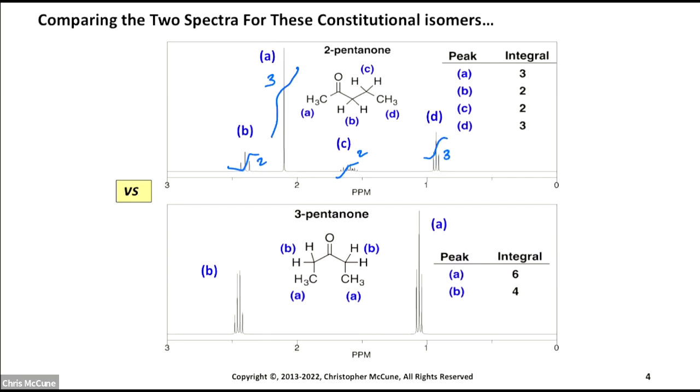And for the next compound here, you have A, there's 6 hydrogens that give rise to A, and B, there are 4 hydrogens. So once again, a 6-to-4 ratio is the same thing as a 3-to-2 ratio if you reduce those numbers down, but you still want integrals that represent the molecular formula, right? And so let's look at those. You have 1, 2, 3, 4, 5 carbons in the top case.